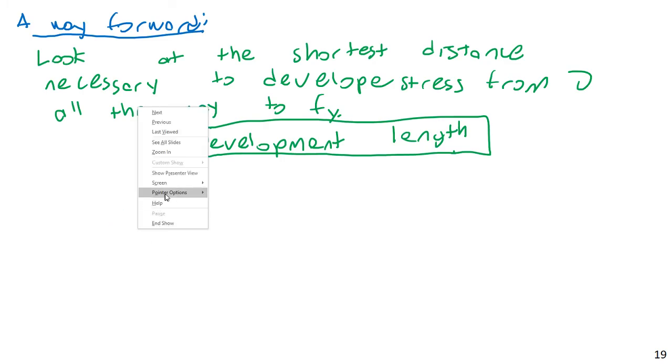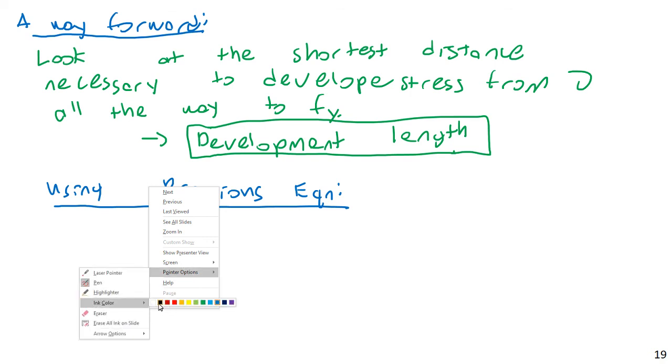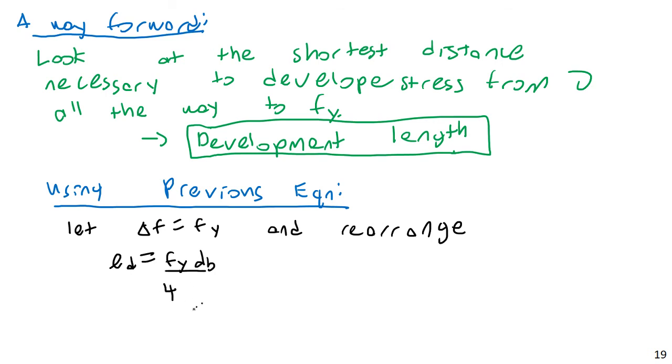So here, using the previous equation that we saw, the equilibrium-based equation, if we let, for example, delta F, the change in stress, be equal to the yield stress, and rearrange, you would get that LD, the development length, is equal to Fy times dB, the diameter of the bar, divided by 4 times mu average ultimate.